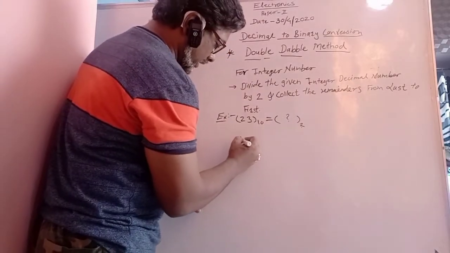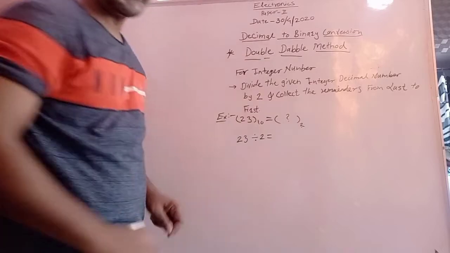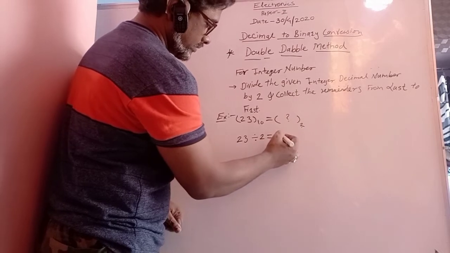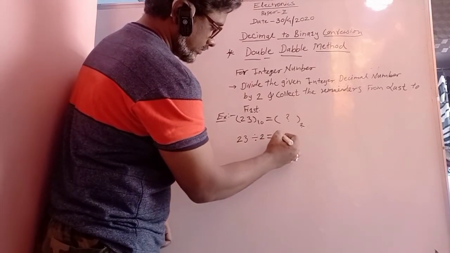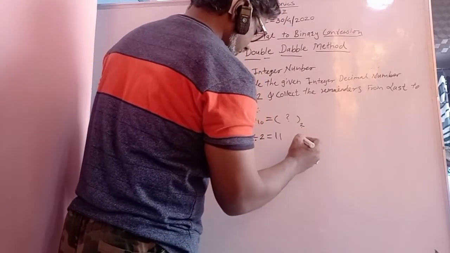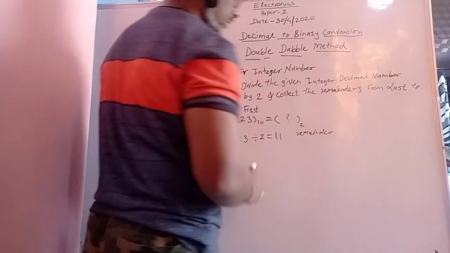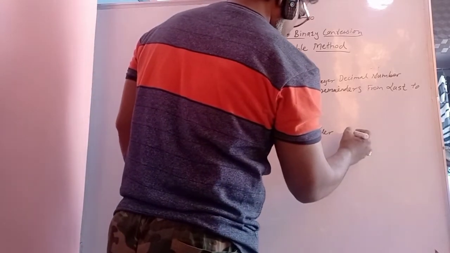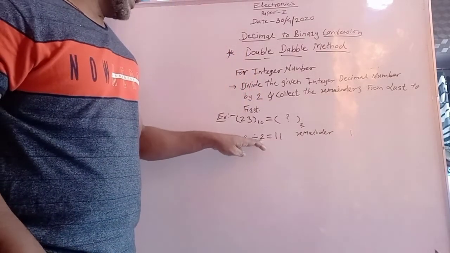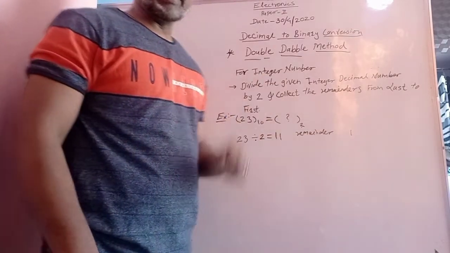So write down 23, divide it by 2. When we divide 23 by 2, this is 11 and the remainder is 1.